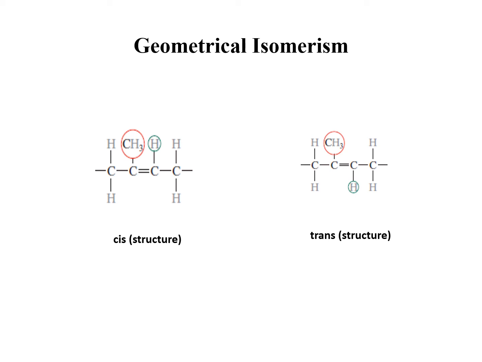When the group of atoms, represented here as CH3, and the hydrogen atoms are on the same side of the double bond, it is called cis structured isomerism. The resulting polymer is called the cis structured polymer molecular configuration.